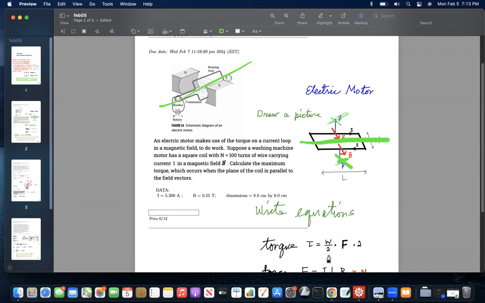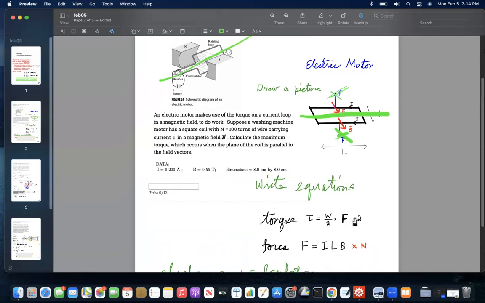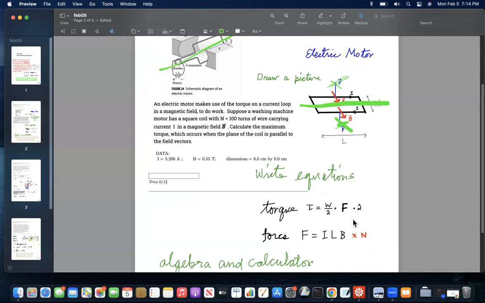So you have W over 2, there'll be two equal forces in opposite directions, so times F. And then I have to multiply by 2 because there are two contributions to the torque. This side contributes a force in one direction. This corresponds to a force in the other direction. So the two torques will be in the same direction, so they add. So I multiply by 2.